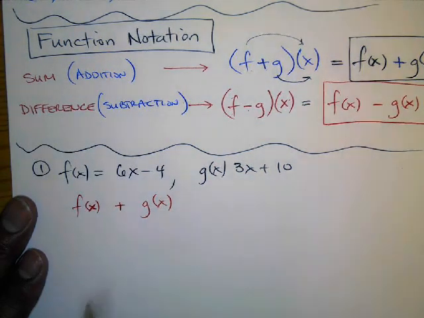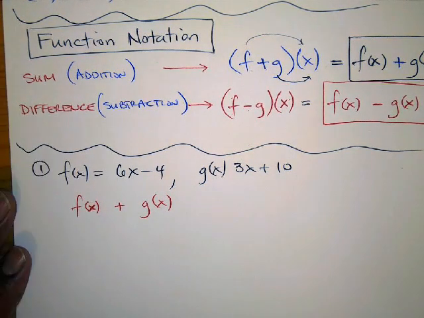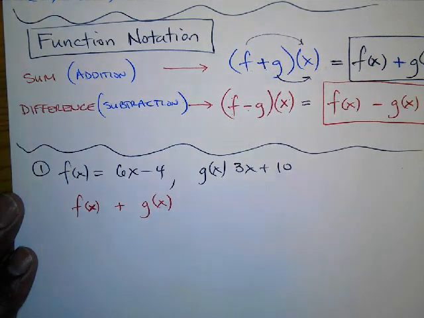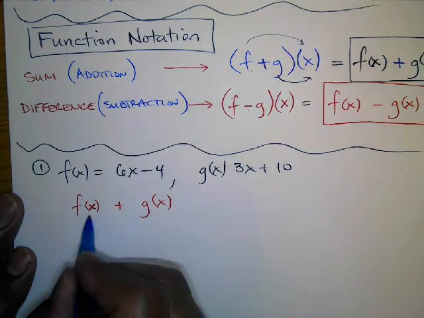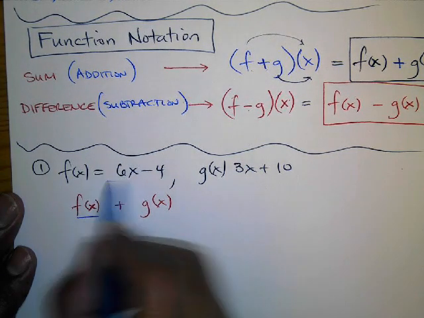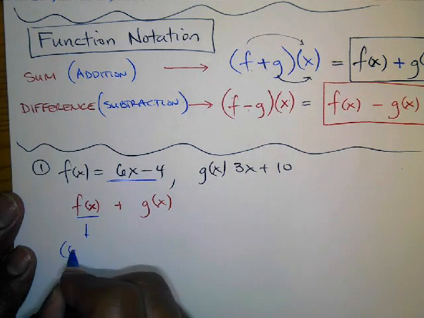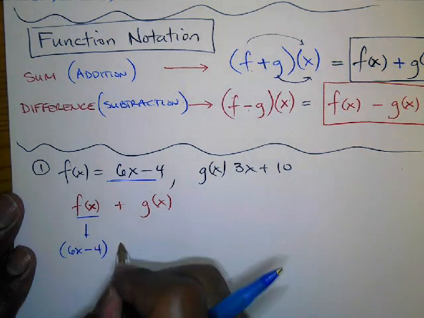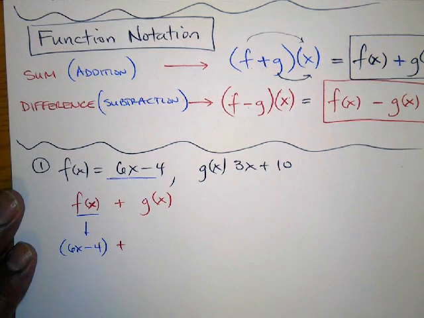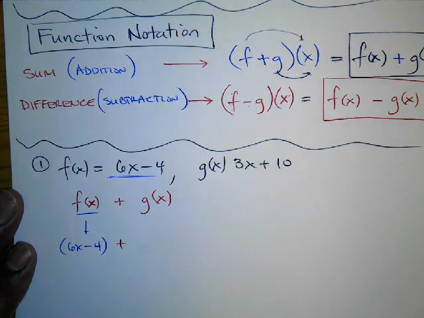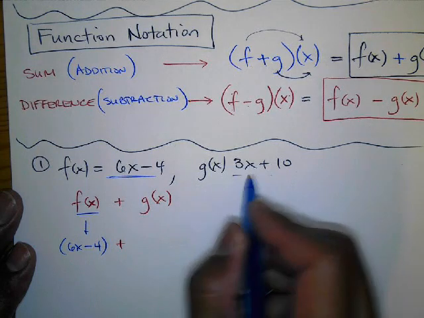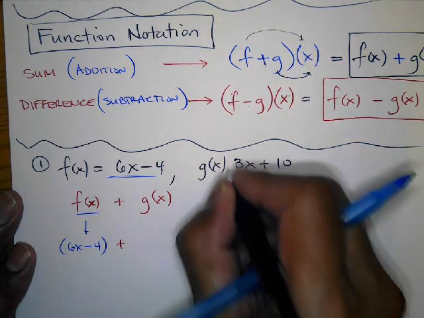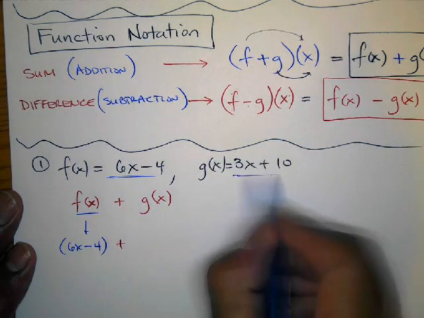Well, that's pretty straightforward, right? Because I'm going to take this function f of x, which is 6x minus 4, and add it to what? The function g of x, which is this one over here. Oops, I forgot to put an equal sign here.